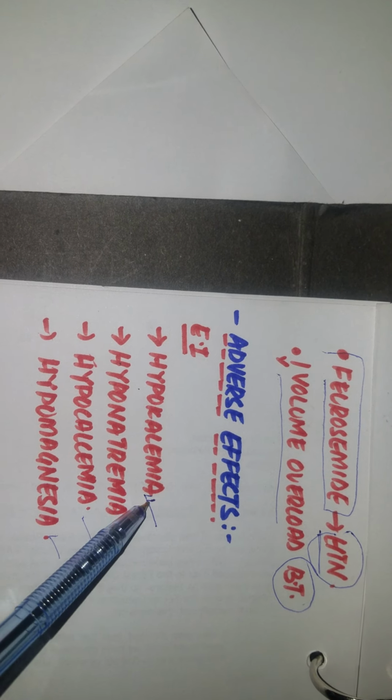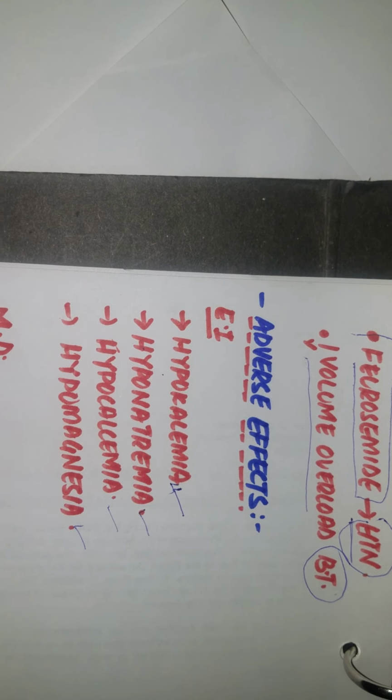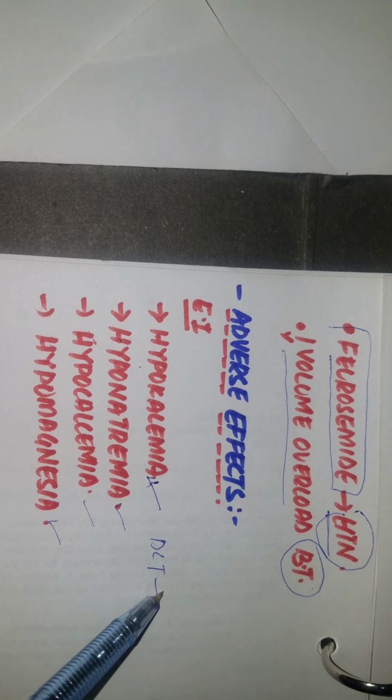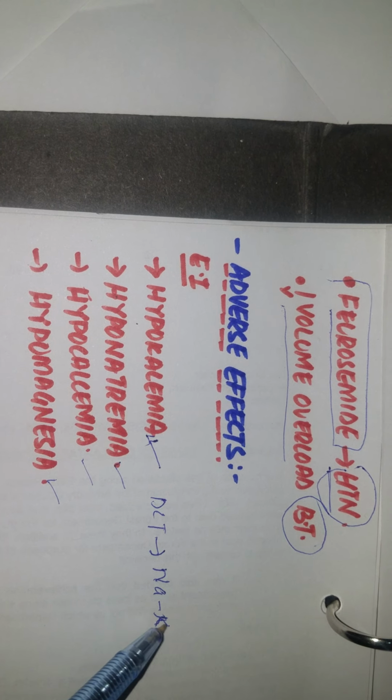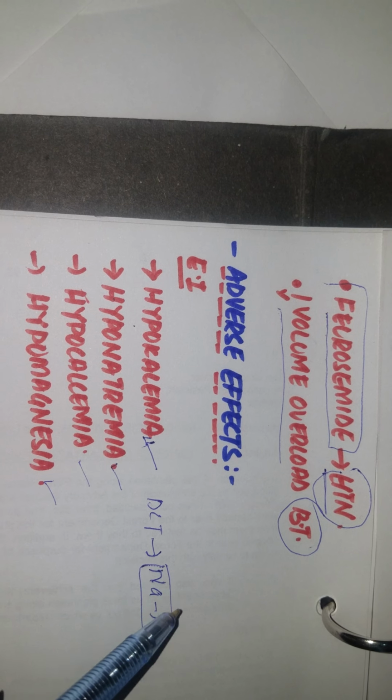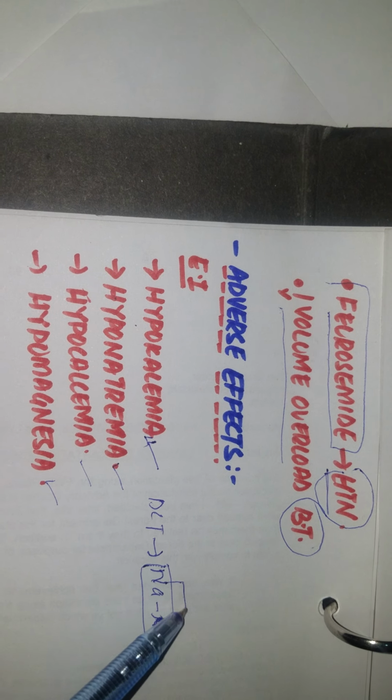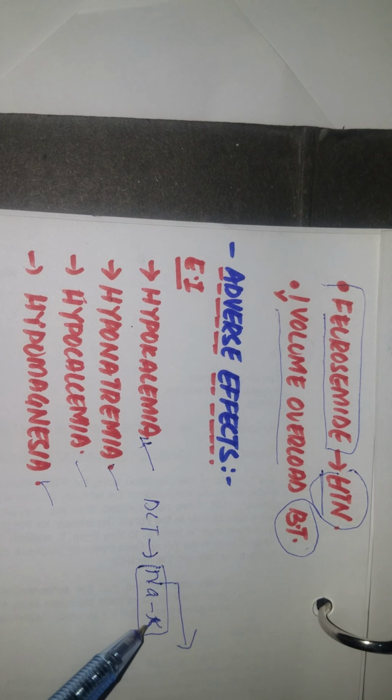Hypokalemia occurs due to the increased amount of sodium in the distal convoluted tubule, which will lead to the increased activity of the sodium potassium pump. This sodium potassium pump basically absorbs the Na and excretes the potassium.